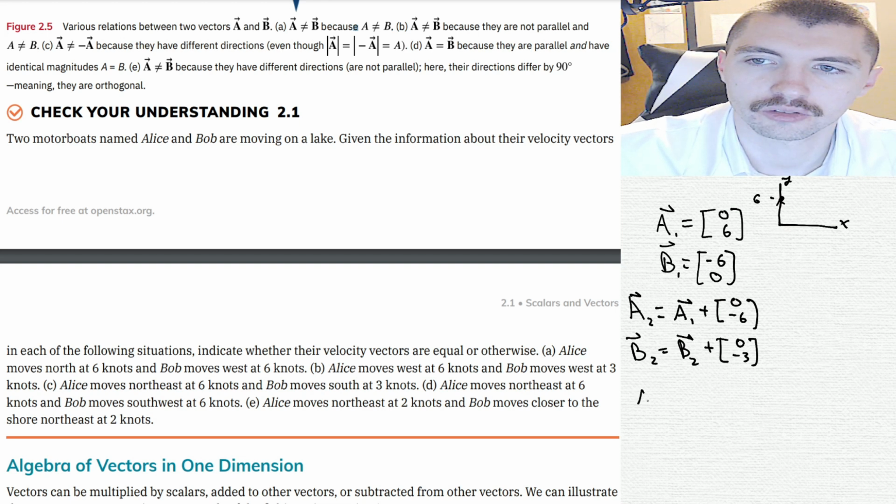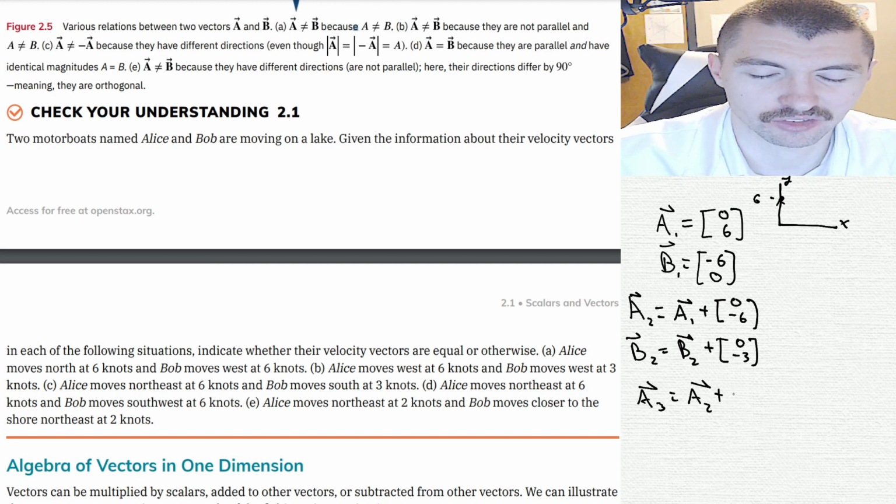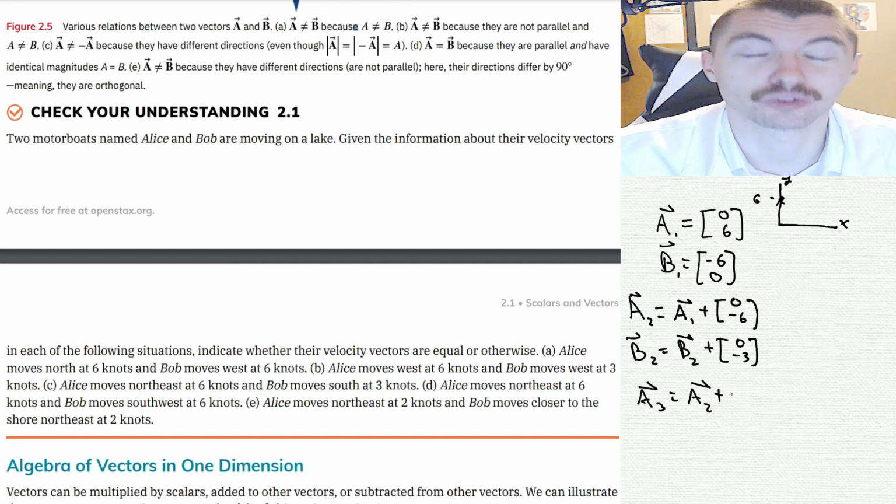Okay. All right, and then Alice moves northeast 6 knots. Okay, that's a tough one. Northeast 6 knots. So what is northeast 6 knots?